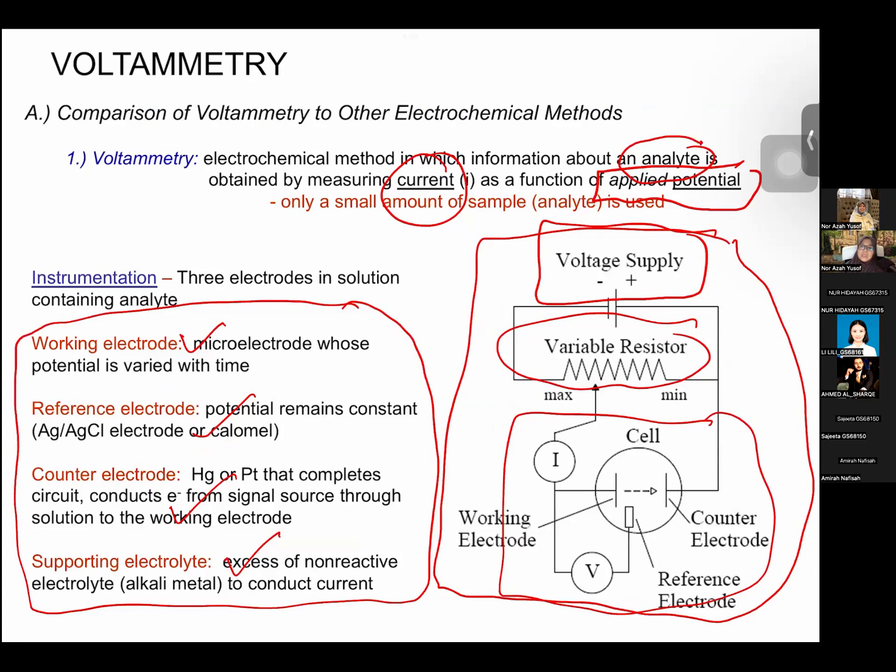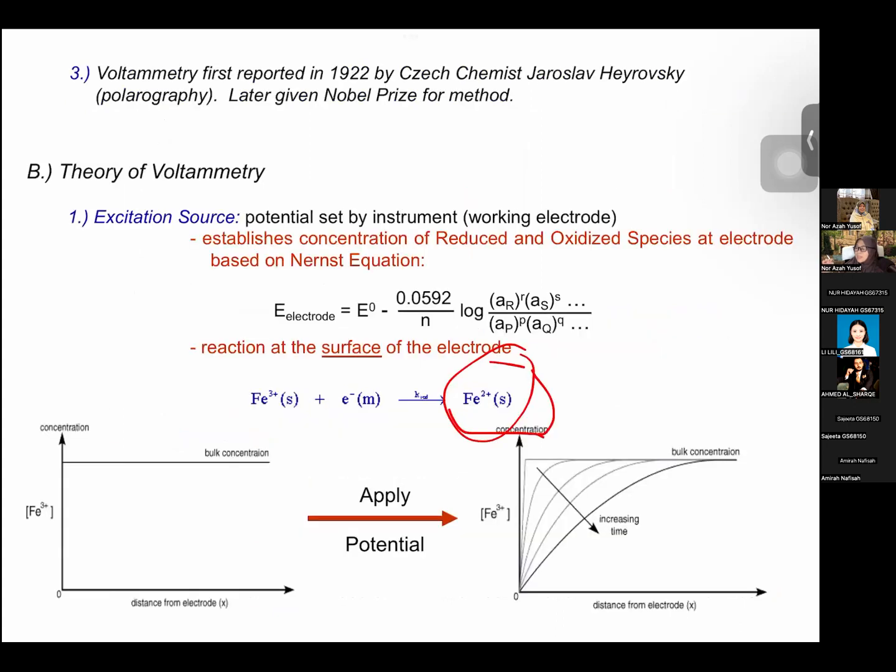Voltammetry is an electrochemical method whereby the potential has to be supplied. If there is no potential being supplied, there will be no chemical reaction.